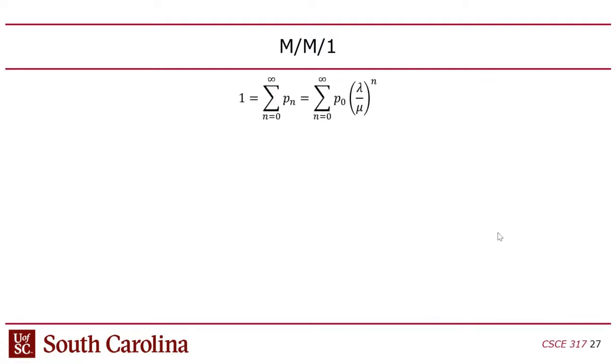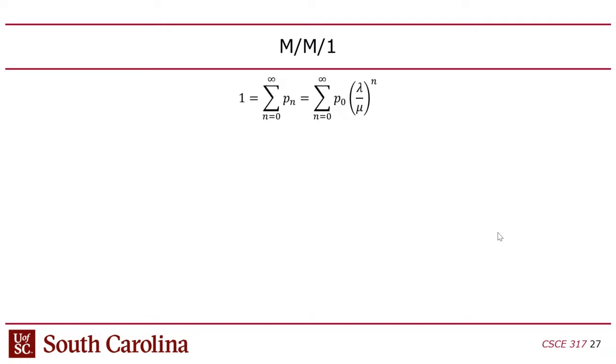Well, we take advantage of some basic probability knowledge. We know that if you add together the probability of all the states, it should equal 1. Why? Because you can only be in one state at a time, right? That's just a rule of a Markov process, or of a deterministic state machine in general. So if you add up all the probabilities of all the states, it should equal 1. The problem is that there's an infinite number of states, because the system capacity is infinite in an M/M/1 queue.